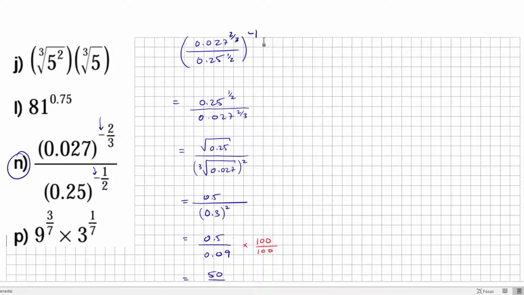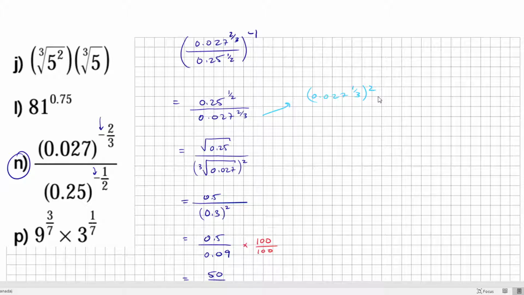Okay, to recap, what I did is I flipped the fraction since both of the exponents were negative. Then I took the square root of 0.25 because 0.25 to the power of 1 over 2 is just the square root of 0.25. Then I took the cube root of 0.027 because, and let me just quickly show this again, that's 0.027 to the power of 1 over 3, then squared.